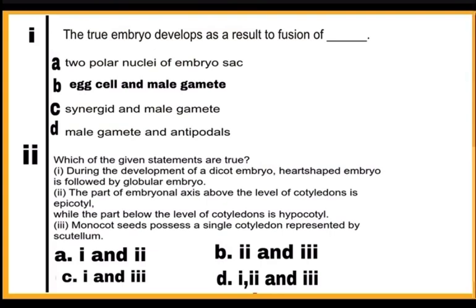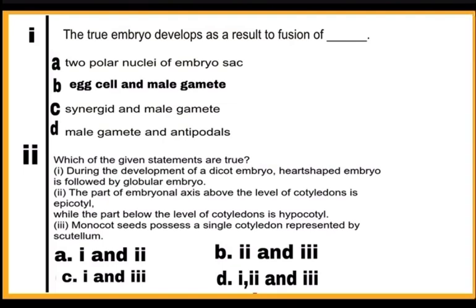Question 2. Which of the given statements are true? Statement number 1. During the development of a dicot embryo, heart-shaped embryo is followed by globular embryo. This is wrong statement. Actually, during development of dicot embryo, first globular embryo is formed and then heart-shaped embryo is formed. Statement 2.